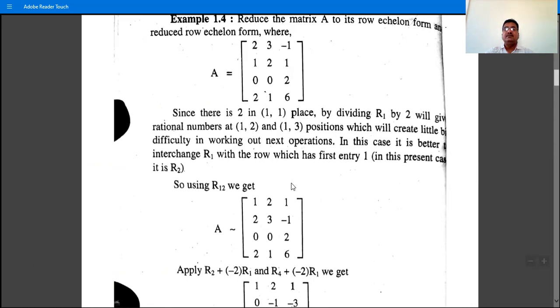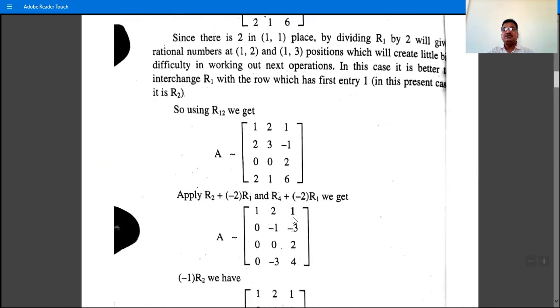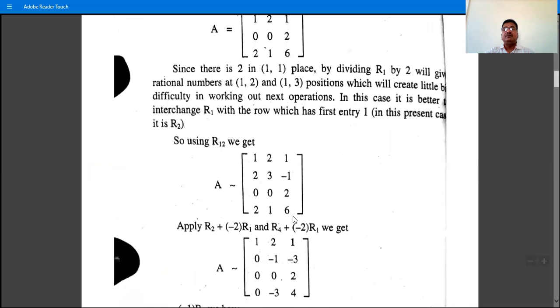And if we have fractions at the first step, then the calculation may be complicated. So in order to reduce the complication in calculation, avoid the fractional numbers.